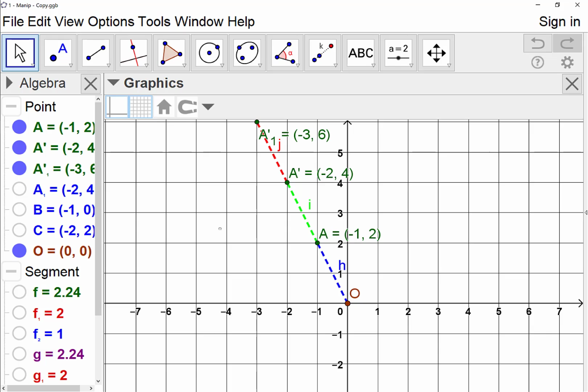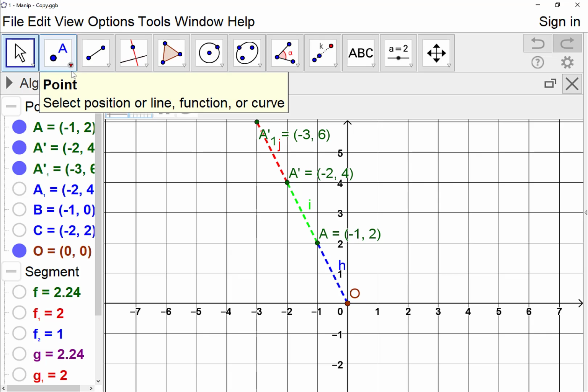This is the distance from the point of dilation to the point we're dilating. That's a dilation of 1. If you do it again, that's a dilation of 2. If you do it a third time, it's a dilation of 3. Then 4 times is a dilation of 4. Yeah, perfect. That's the method.